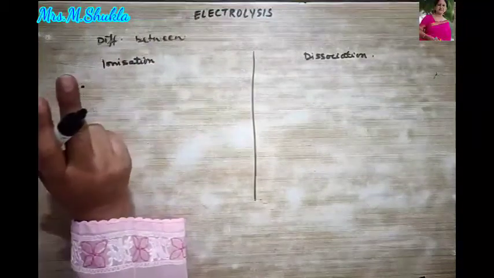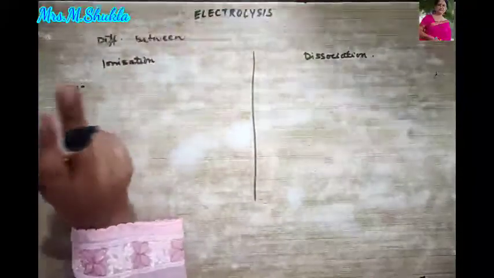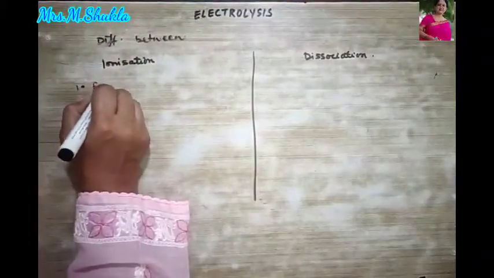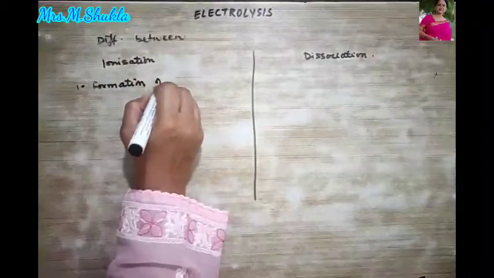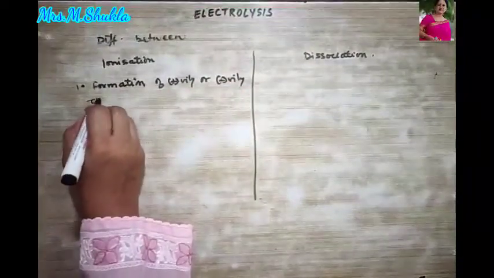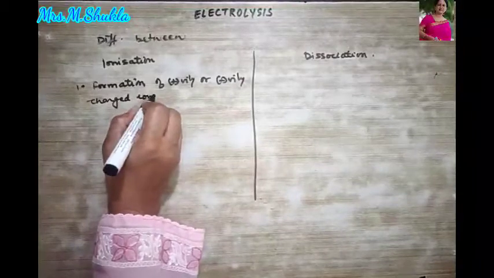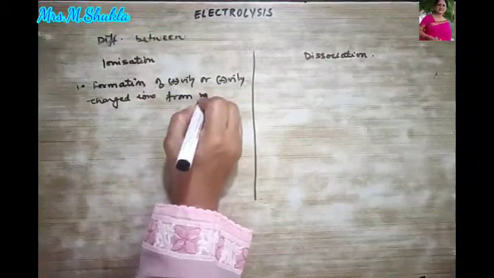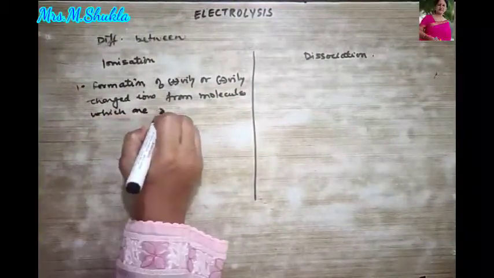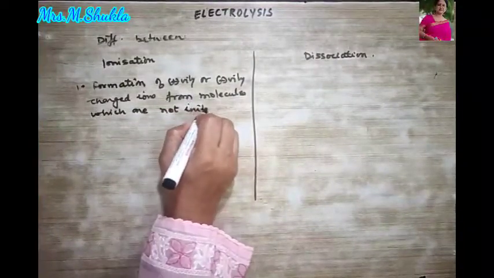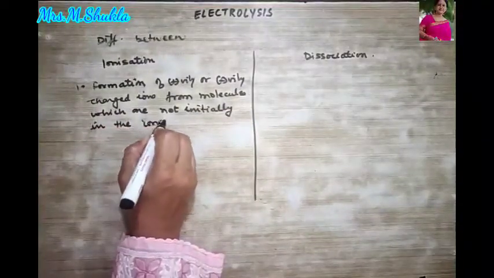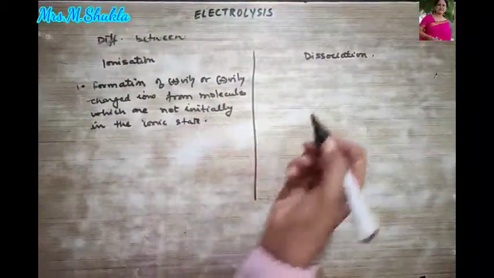It is the formation of positively or negatively charged ions from the molecules which were not initially in their ionic state. Clear?